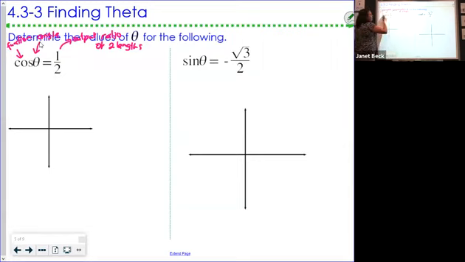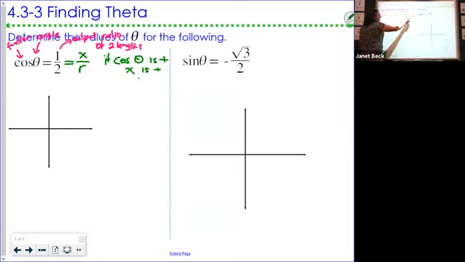So we have been given the cosine of theta equals 1/2, and that's a ratio of 2 lengths. For cosine, it's the lengths x over r. We know r is never negative. So to get a cosine that's positive, if the cosine of an angle is positive, x must be positive.